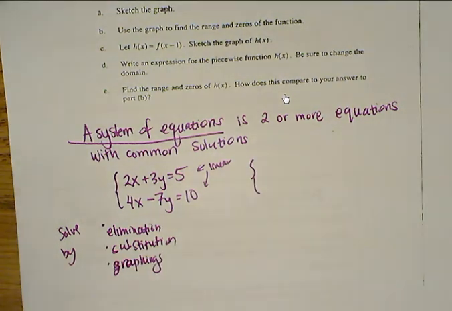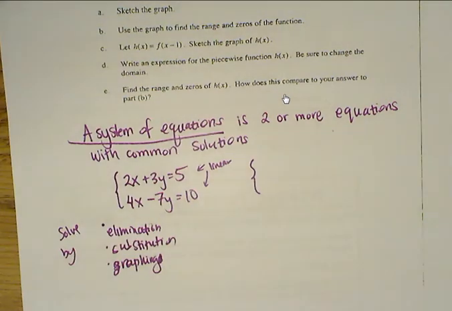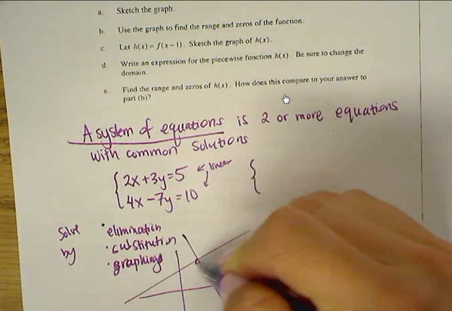Can there be two solutions? Well, a solution is an x and a y value that work with both. Graphically, that means you would graph the two lines, and it's where the two lines intersect.